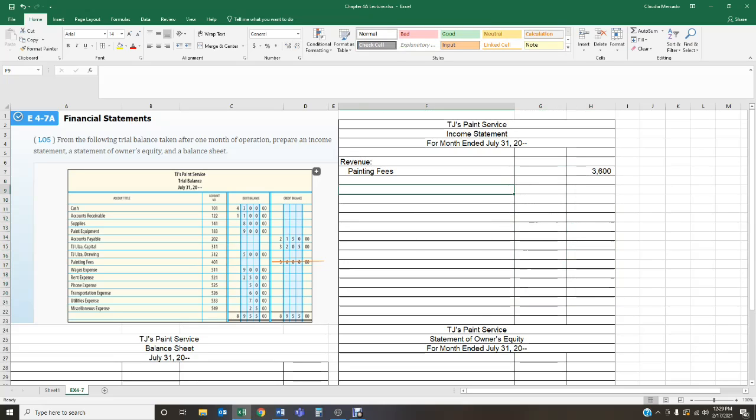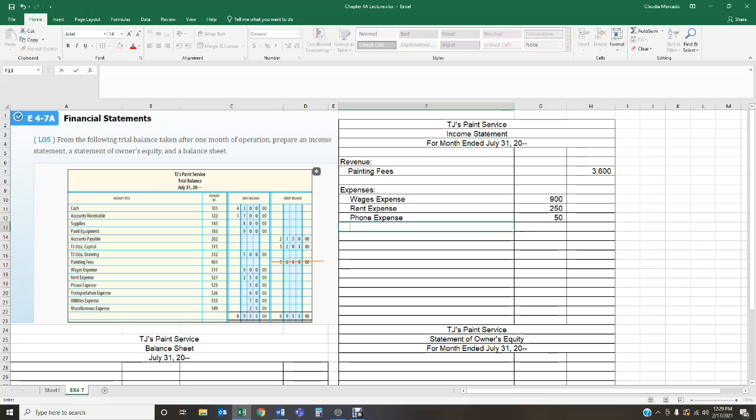Okay, next we're going to bring in all of our expenses. We're going to list all of our expenses, and if you notice, your expenses usually have the word expense behind them. So all of these are our expenses. I'm just going to bring them over. So I have wages expense of $900. We have rent expense of $250. Okay, and then I've got phone expense of $50.